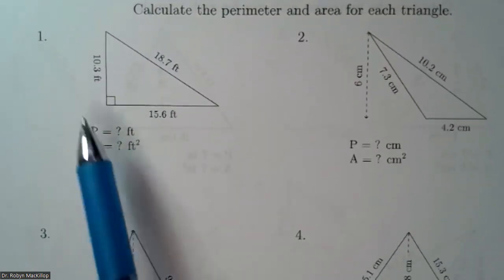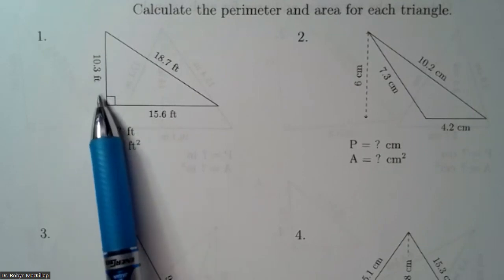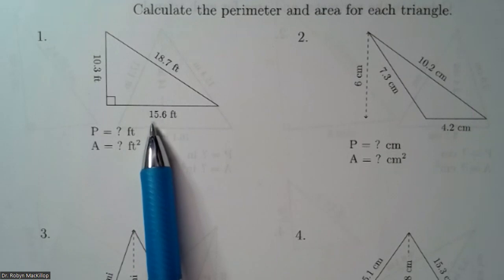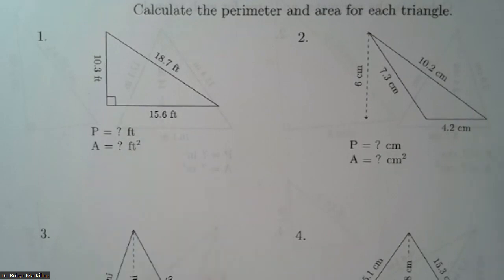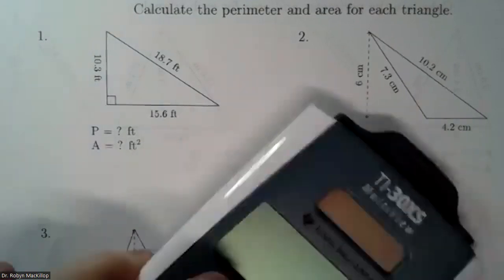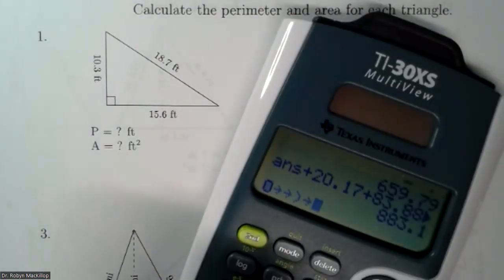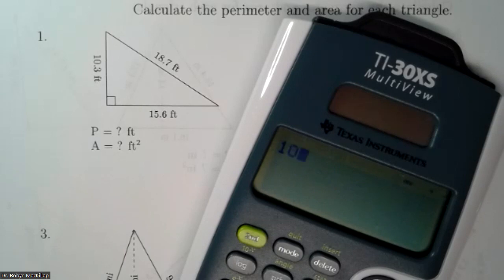All right, again, to find the perimeter, we're going to add 10.3, 18.7, 15.6. And that is your perimeter. So that was 10.3 plus 15.6, does not matter what order you go, plus 18.7.